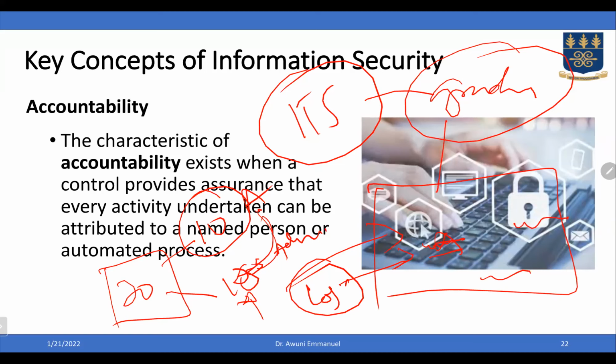So in case there's an issue or a problem, when they are doing forensics or investigation, they can easily establish that on this day, this grade was changed, and the problem is associated with this grade. In this case, this lecturer or this person is responsible. So that's the audit trail. Basically, accountability is there to help in audits.